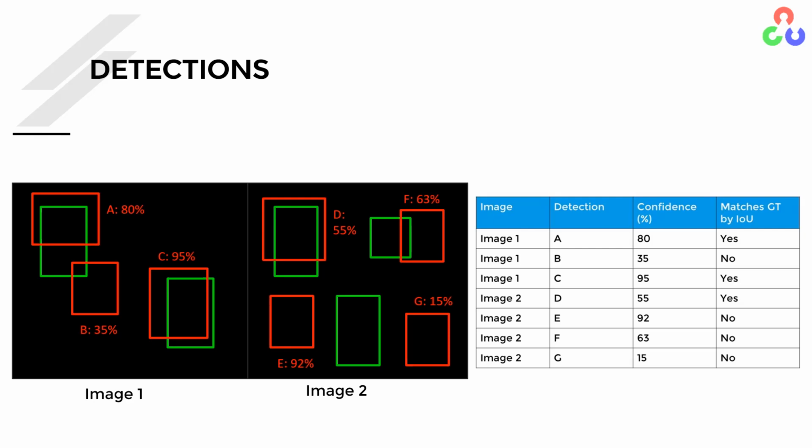Based on that, we estimated whether the detection matches a ground truth box in the 4th column. Sometimes there is more than one detection overlapping a ground truth. For those cases, the detection with the highest IOU is considered as matching, and the others are considered not matching with the ground truth box.